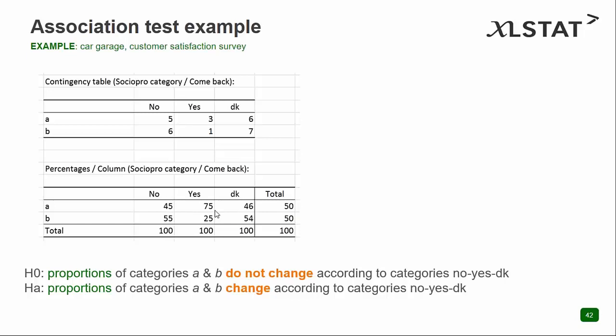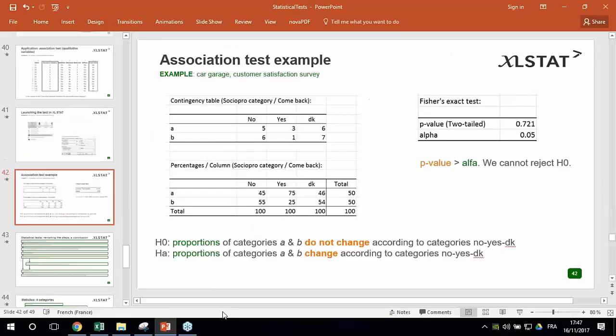If you switch from no to yes, you have a big difference between 45 and 75. So we may expect, according to the data, that we reach a very low p-value that would reject the null hypothesis that the proportions are equal. So let's see what we get in XLSTAT.